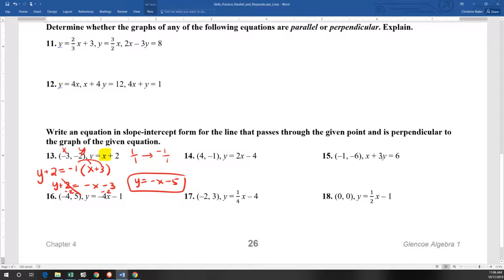So let's look at 15. What's the slope here? Well, I'm not in slope intercept form, so I don't know yet. I need to isolate y. I need to get y by itself. Subtract x from both sides. Divide everything by 3. It looks like my slope here is -1/3, so the opposite reciprocal of that is positive 3/1.